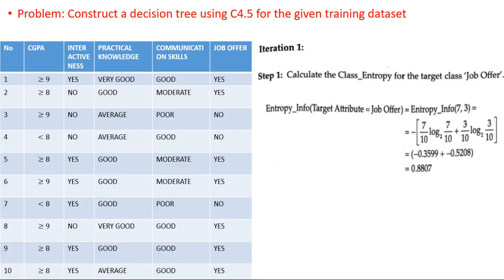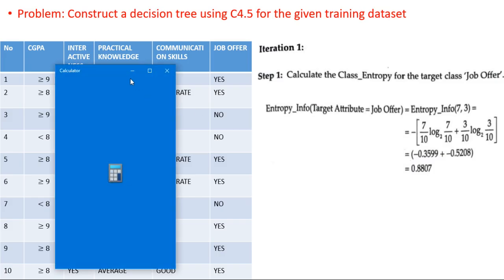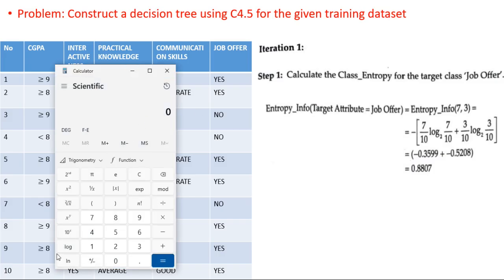Let's see whether we can do this in the calculator here. Okay. So I will just show the first attribute here. Let's find 7 divided by 10. Now find the log of this. Now divide this by log of 2.